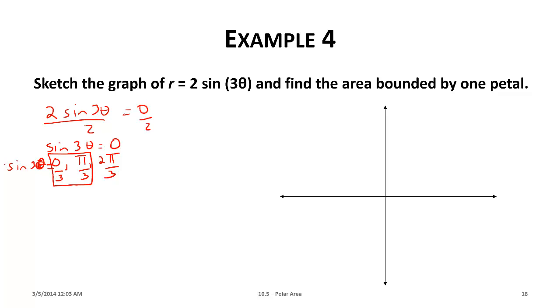We're going to find the area of one petal, but because this number is odd, we're going to have the same amount of petals, distributed properly. So we're going to have 3 different petals that are evenly spaced.